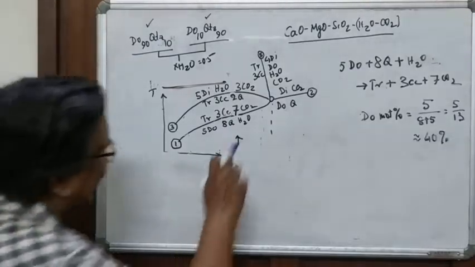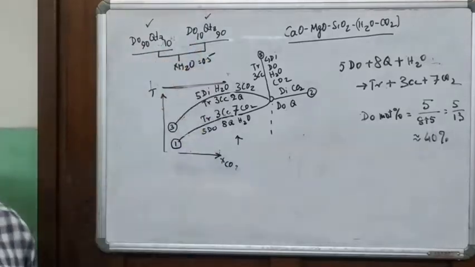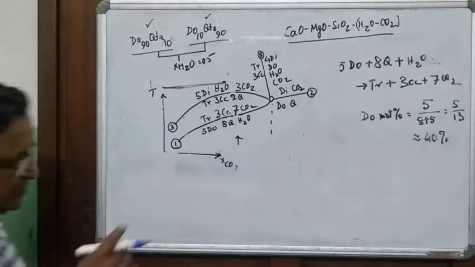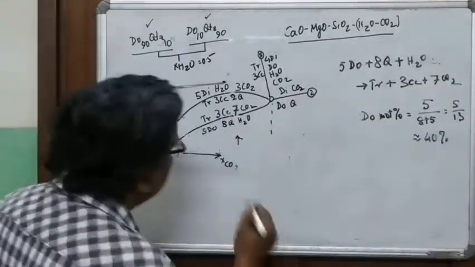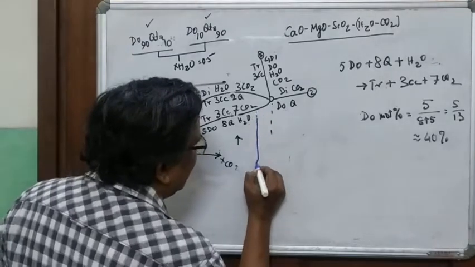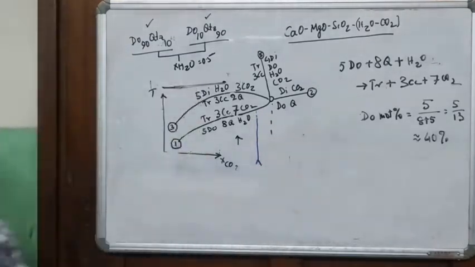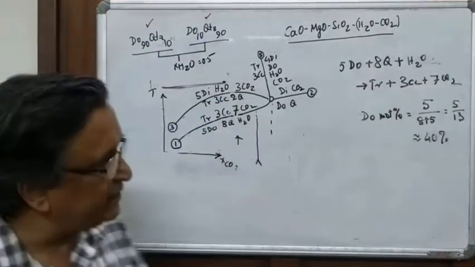Now, let's say we take these two rocks, but we assume the CO2 was high. So let's say we start with the CO2 something like this. That is more carbonic than what we had.